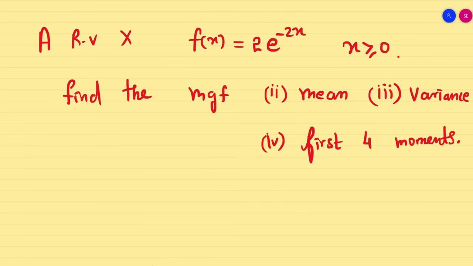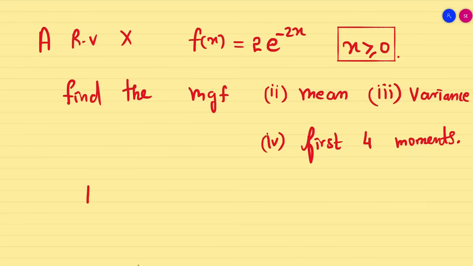moments. First of all, tell me whether it is a discrete or continuous random variable. Just now in the previous problem I said when x is greater than or equal to 0, something of this kind, I cannot say it is countably infinite. It becomes uncountably infinite. So what is my decision?